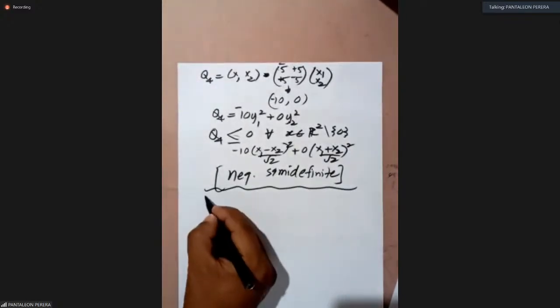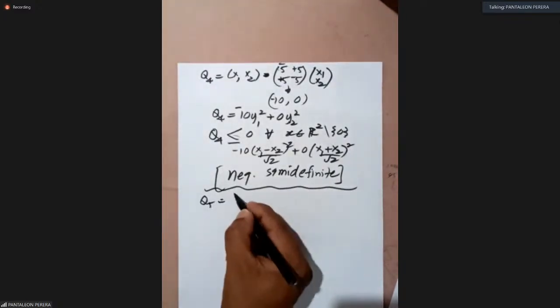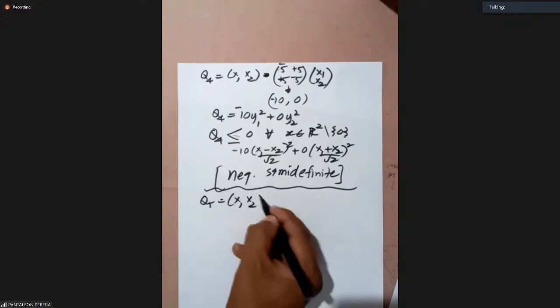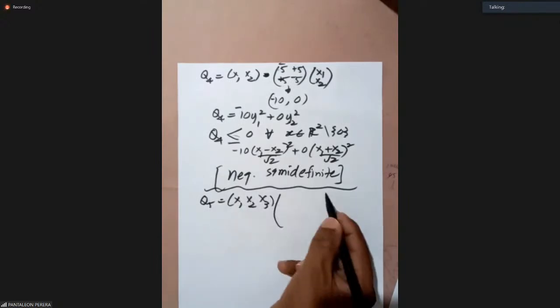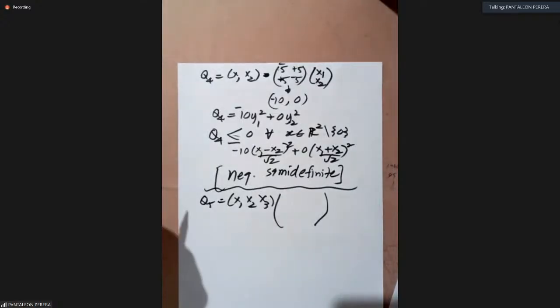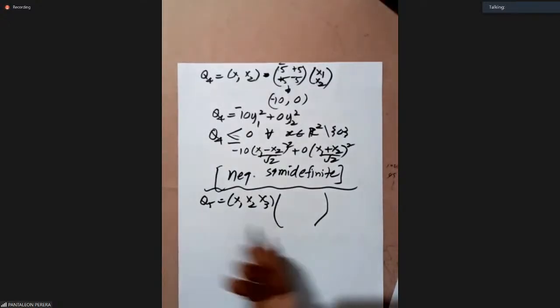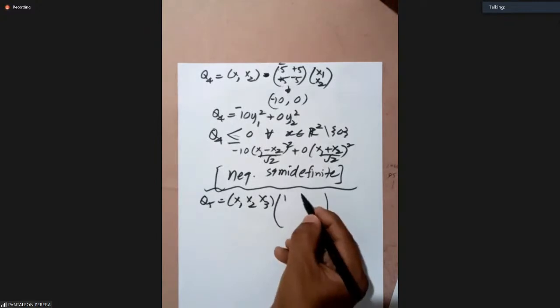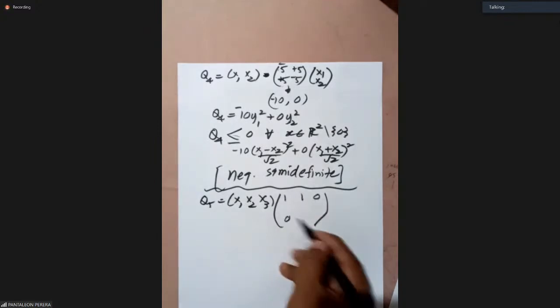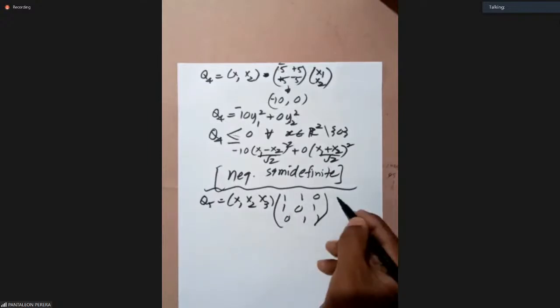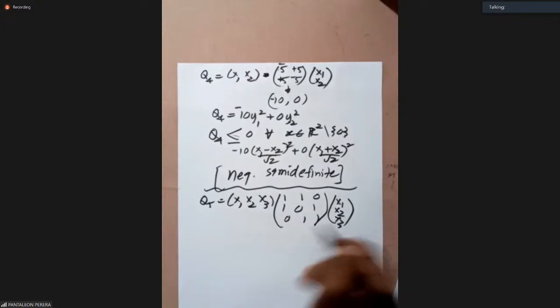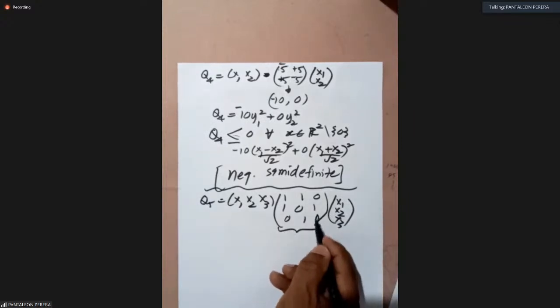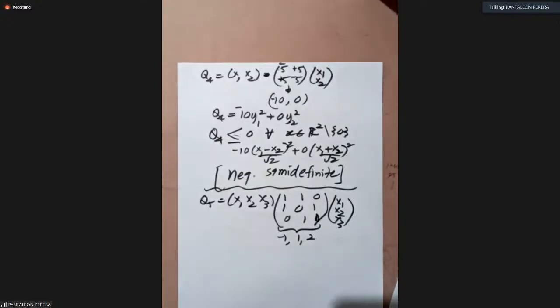I am more familiar with this 3 by 3 one, so I'll give you a 3 by 3 one. Here, the eigenvalues of this quadratic form are -1, 1, 2.